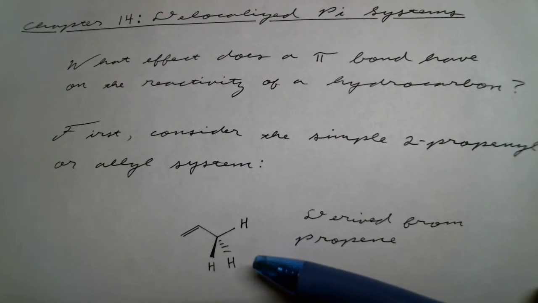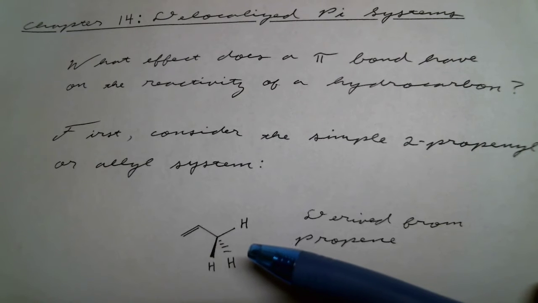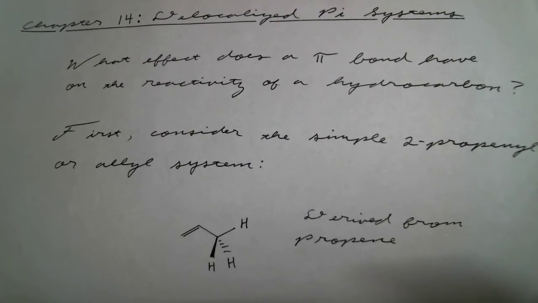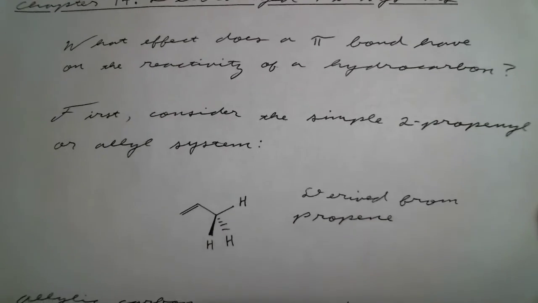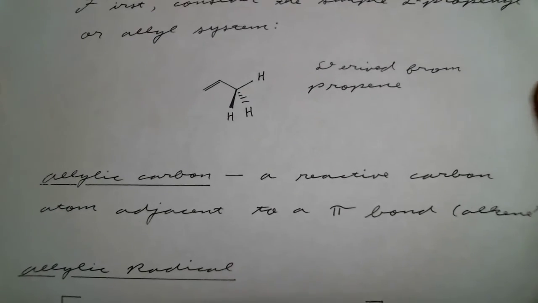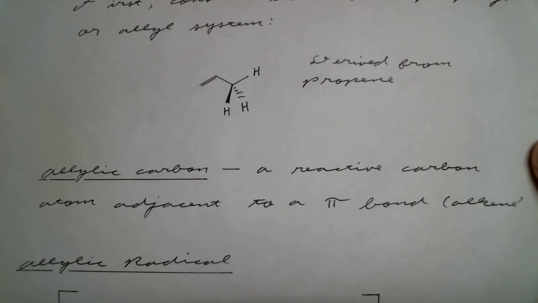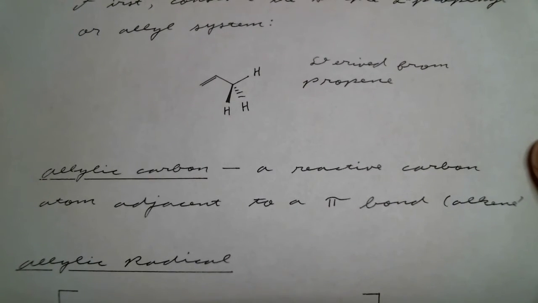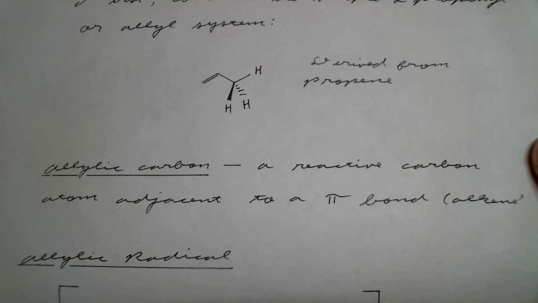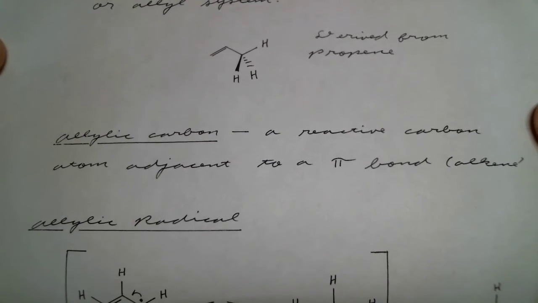And this is a bond line structure of propene where our terminal methyl carbon has its 3 hydrogens explicitly drawn. And this brings up the idea of an allylic carbon, and that's the reactive carbon atom that's adjacent to the pi bond or the alkene in our propene system. It's that methyl carbon that has the 3 hydrogens attached.